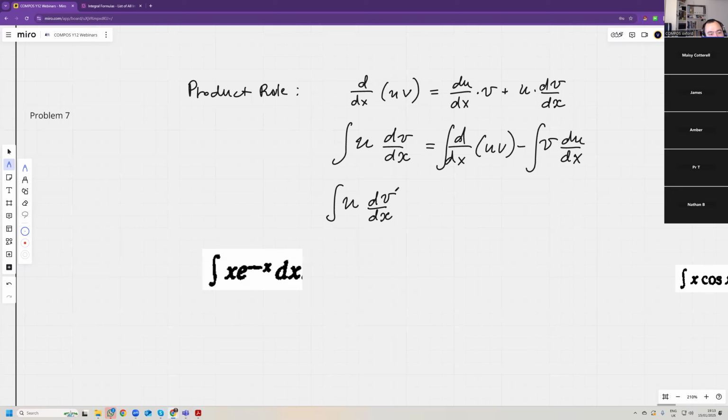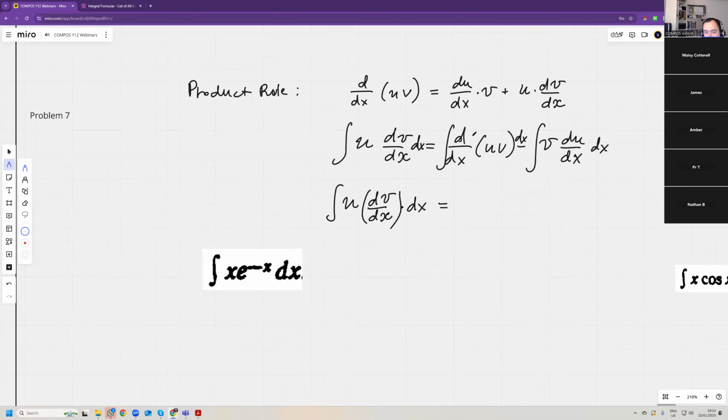Do I multiply by dx? Yeah, I integrated with respect to dx, of course, and then that is dx and equals, well, the integral is the opposite of differentiation.